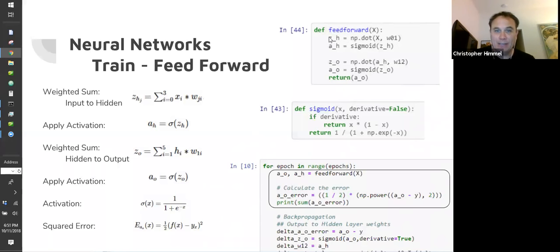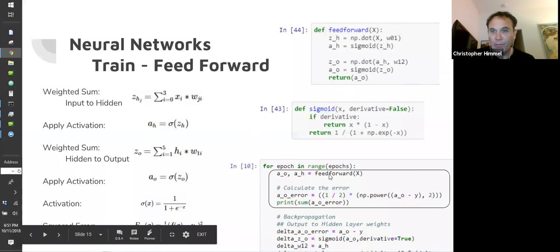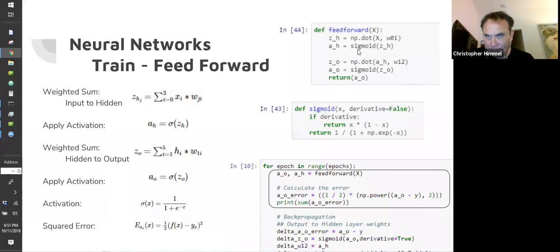Here is the code for that feed forward. I encapsulated it into a function. This right here is a dot product, a matrix multiplication, and we use the NumPy dot product function.